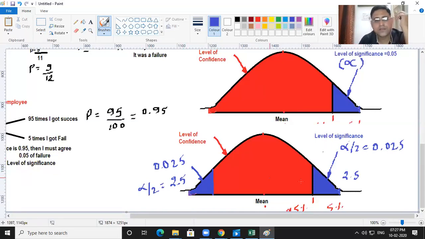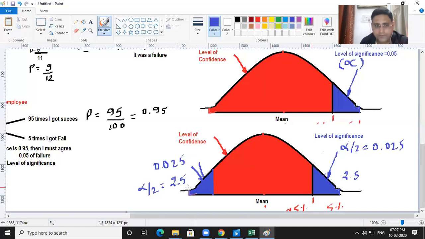This happens in the case of a two tail test, because we have a left tail as well as a right tail. The middle area is my level of confidence. Again, we have to check whether we are falling in the blue area or in the red area, the level of confidence. If we fall in the level of confidence, then the null hypothesis is accepted. And if we fall in the blue area, it means the alternative hypothesis is accepted and the null hypothesis is rejected.